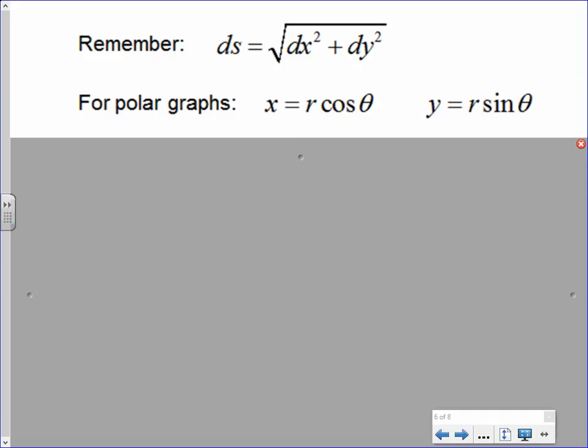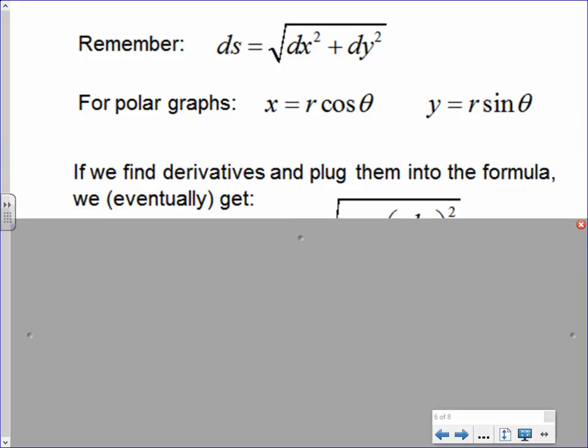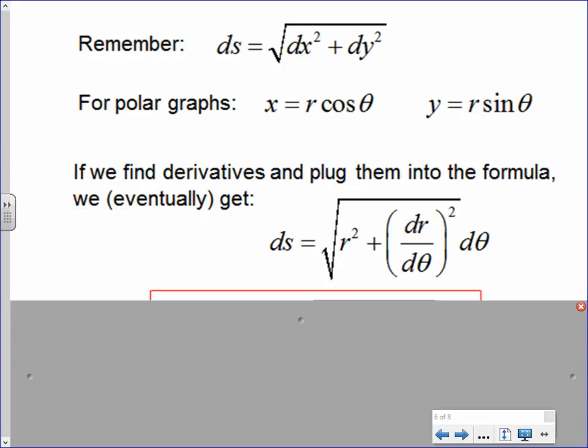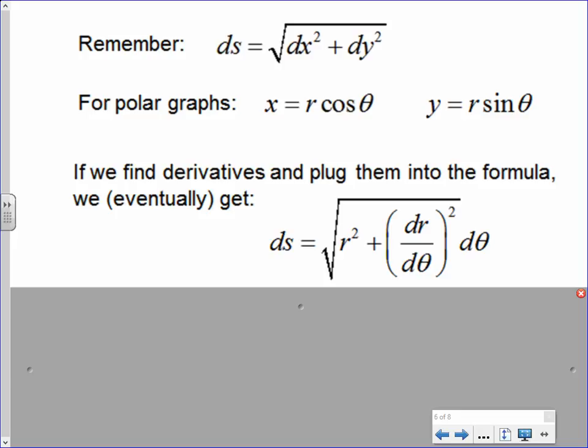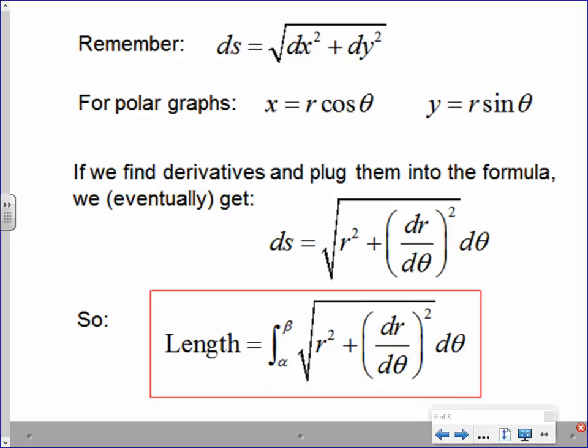Well, if x equals r cosine theta and y equals r sine theta, then we actually get this when we plug it in. We would get r squared cosine squared plus r squared sine squared. Whoa, that's not good. We'd get a big mess. That would simplify to here. We can go through it if you want to. But the arc length would be this.